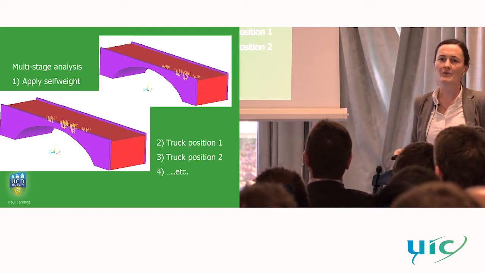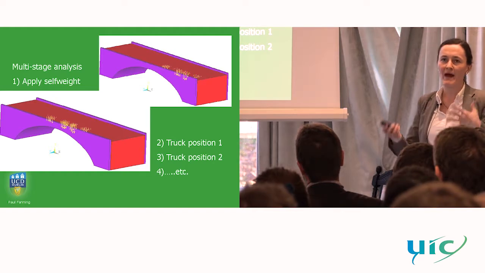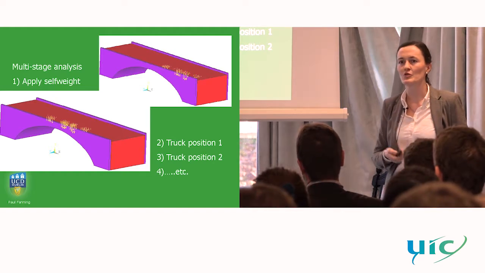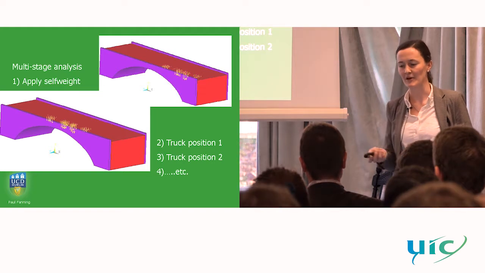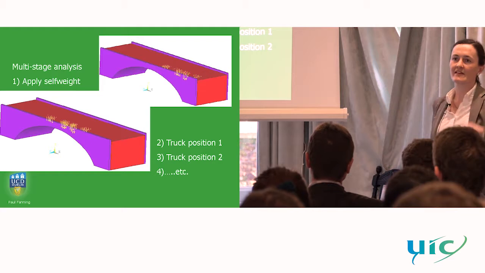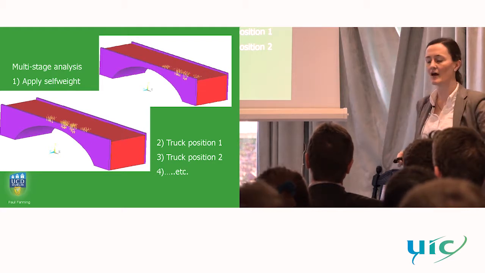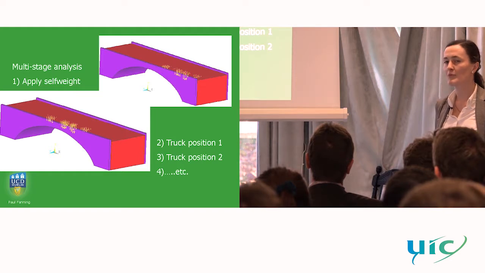It also becomes important because of the large mass that's associated with a masonry arch bridge when you're doing other types of analysis, dynamic analysis, for example, as well. And then essentially it's a series of iterative load steps, moving the position of the truck along the bridge.